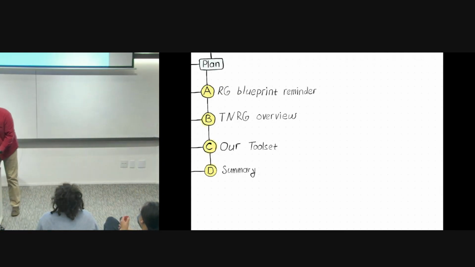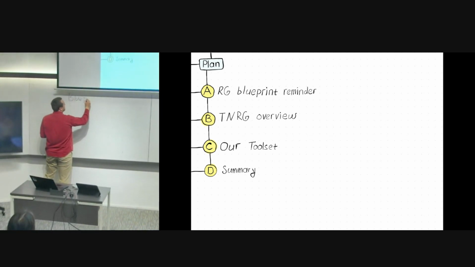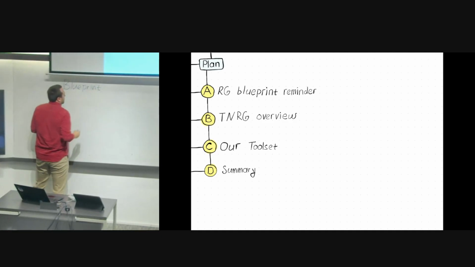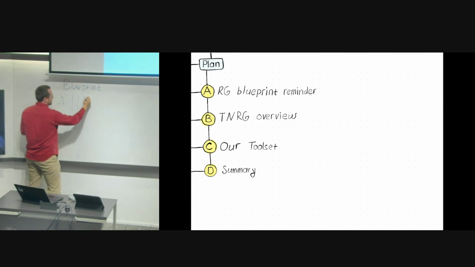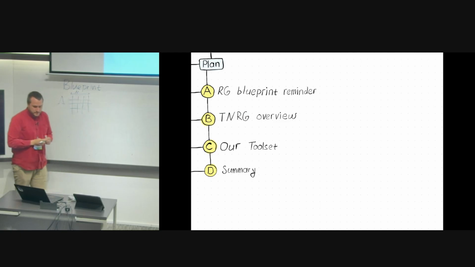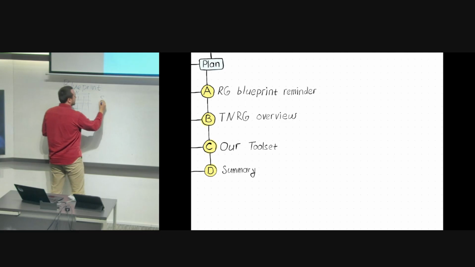So let's start with the blueprint. We work on with lattice systems. So we have some lattice lambda of size n. And let us imagine that there is some theory described by action.